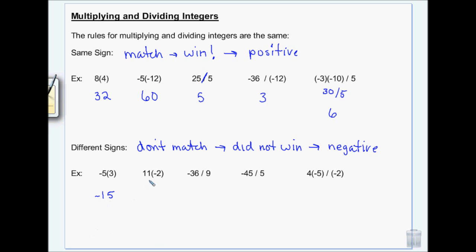A positive times a negative is also a negative. Negative divided by a positive is a negative. And if I have a positive times a negative, that gives me a negative. Divided by negative, oh, hey, look at that. I finally got a positive because I matched.